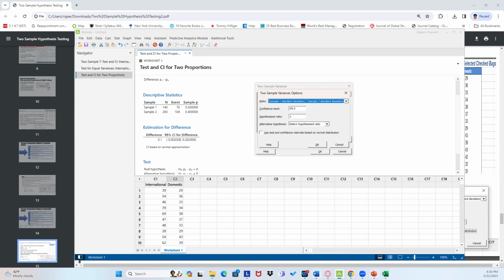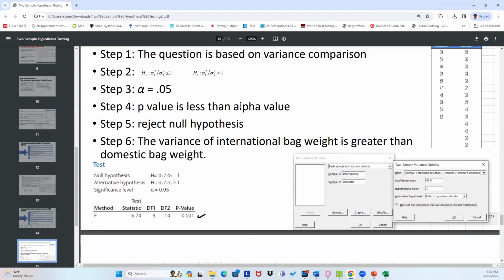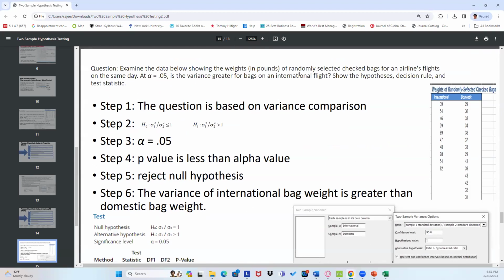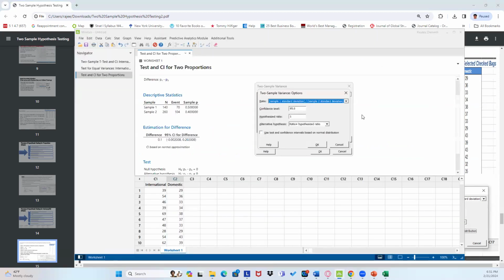Here is the p-value again. So basically we want to see if the variance of the international flight is higher.